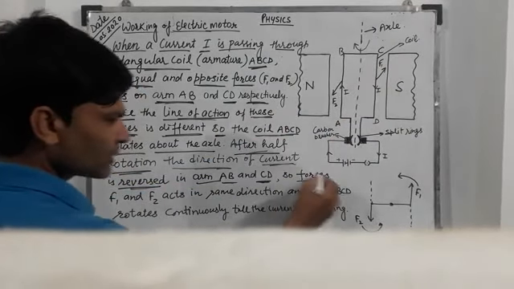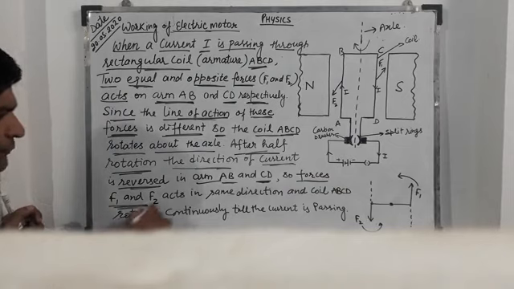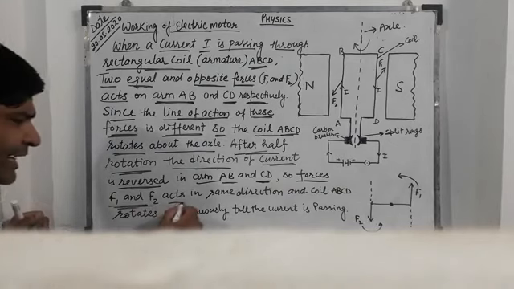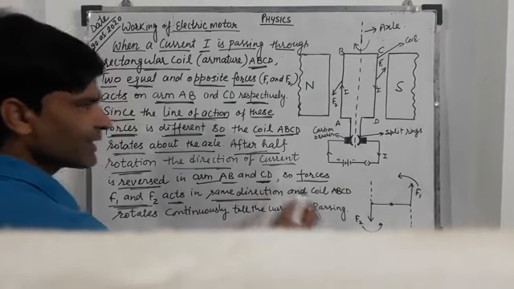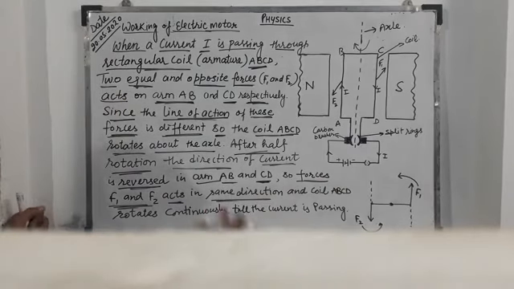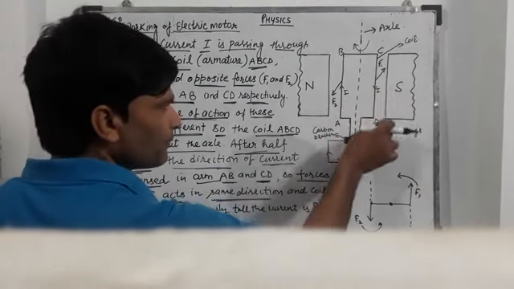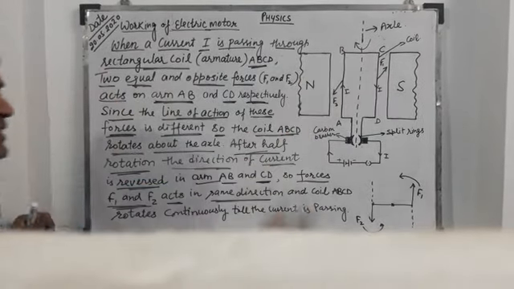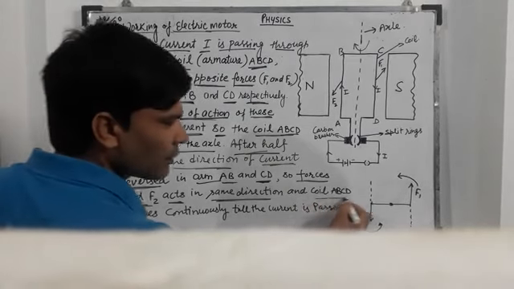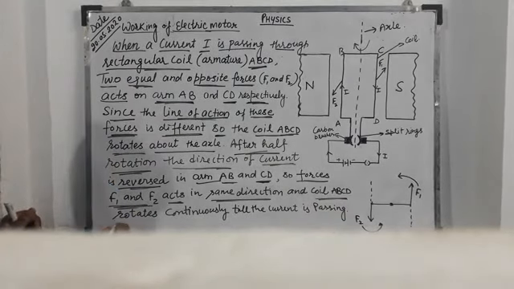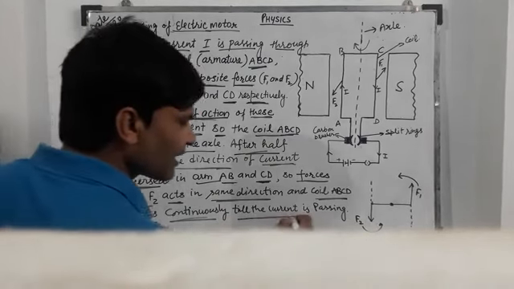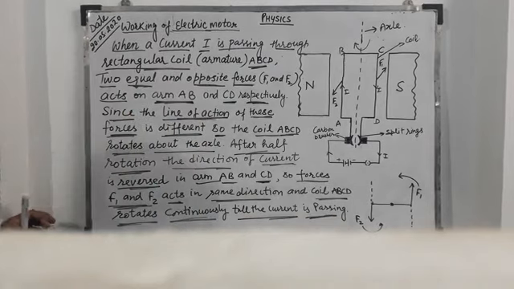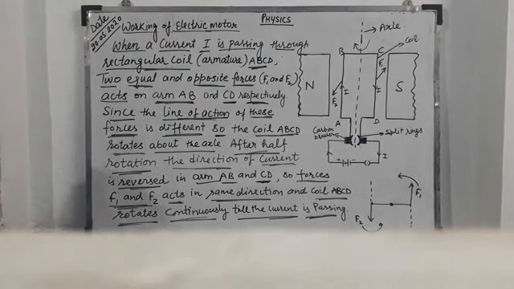Forces F1 and F2 act in the same direction, but now they are at AB and CD because their positions are interchanged, and the coil ABCD rotates continuously without changing direction as long as the current is passing.